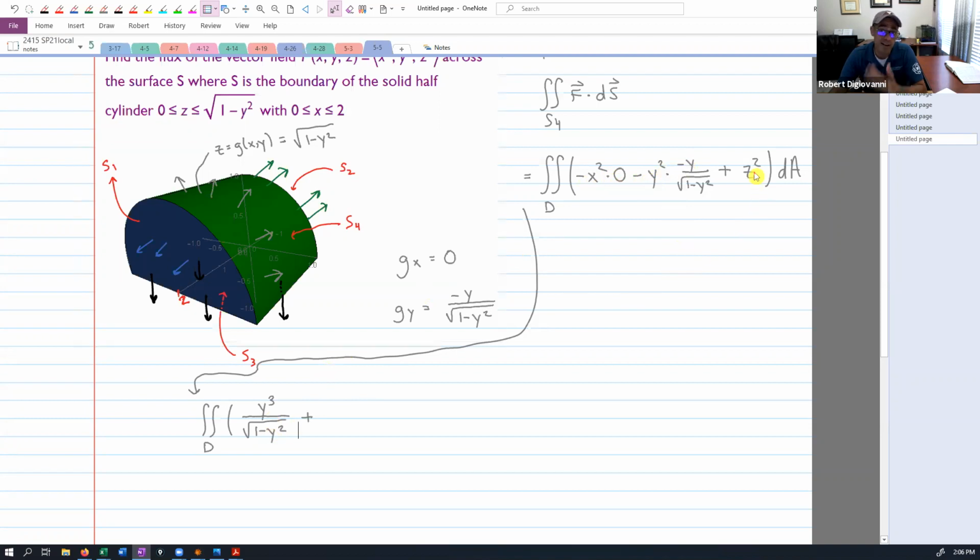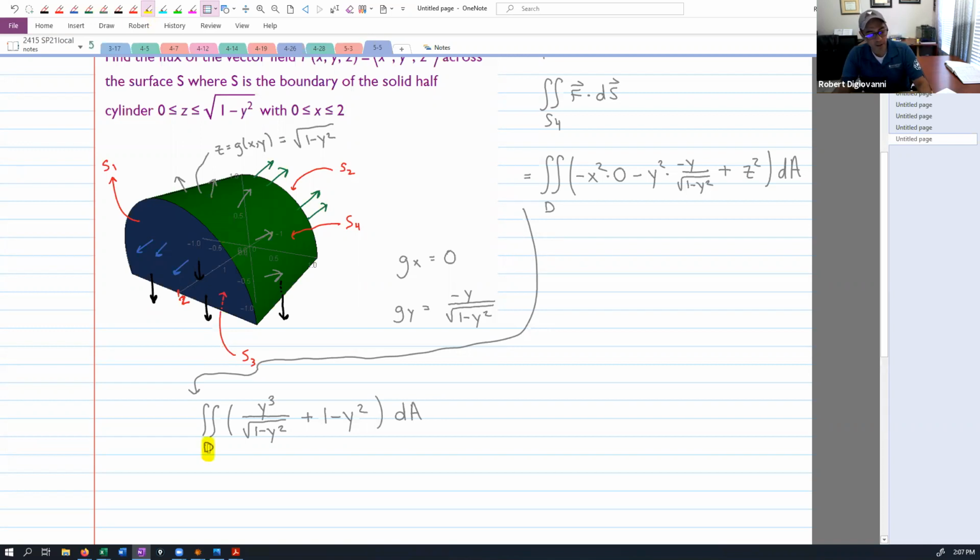And then z squared: I can't have a z in here because my original function is a function of x and y, so I need to solve for z. If z is this, then z squared should just be what's underneath the root. That's a pretty okay looking thing, not too bad.